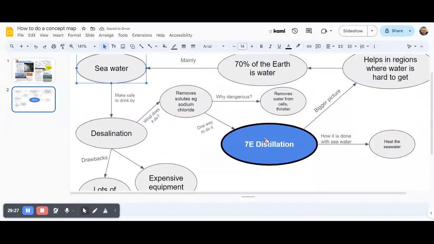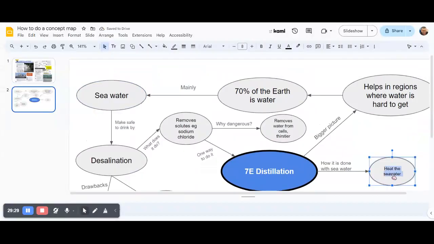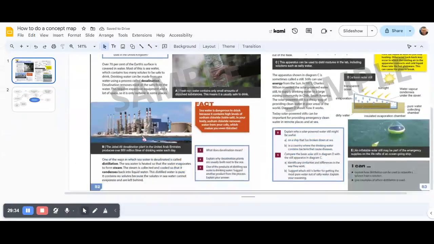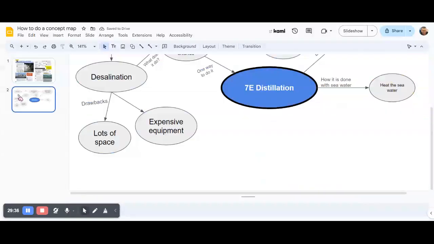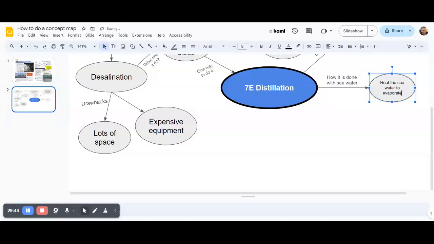Let's just be consistent with this. Right, okay, so how is it done with seawater? First of all, you got to heat it, okay? Heat the seawater. And then you need to evaporate steam. So if I just pop this just over here to evaporate steam.